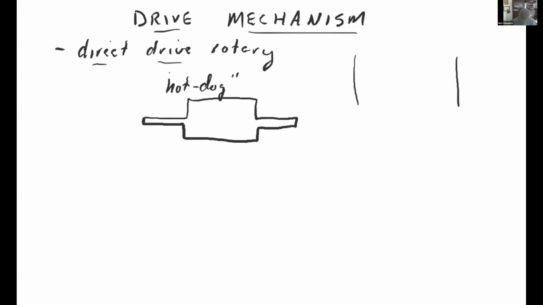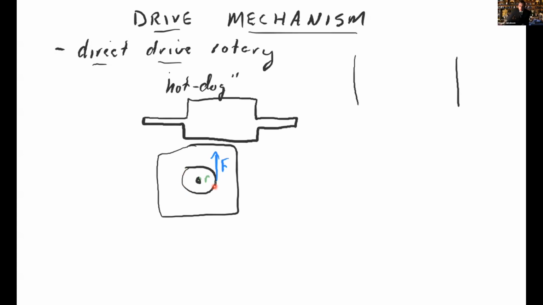If I turn this on its side, you have a small radius. This is R, and F is here at the air gap in a regular motor. This is the shaft right here. This is the outer edge of the magnetics. That's the air gap.